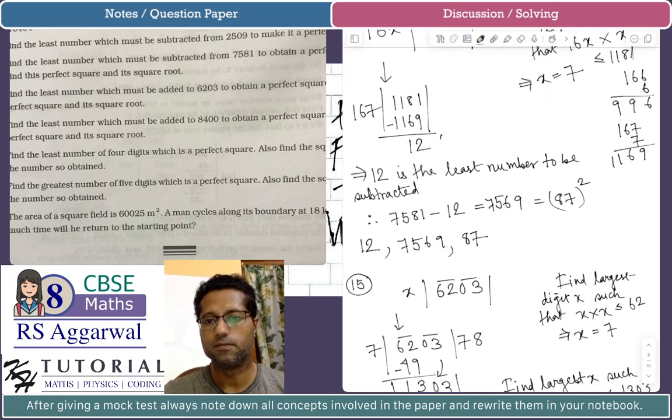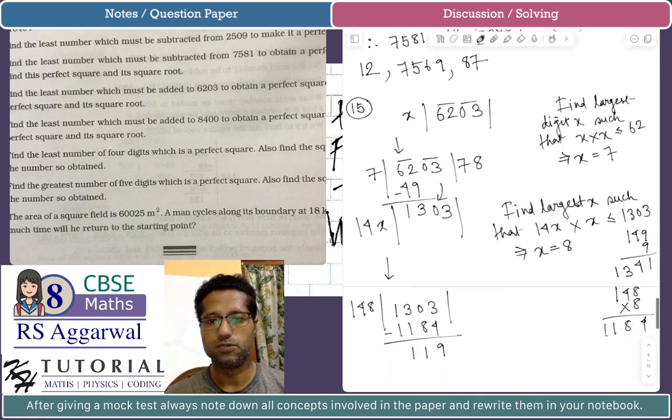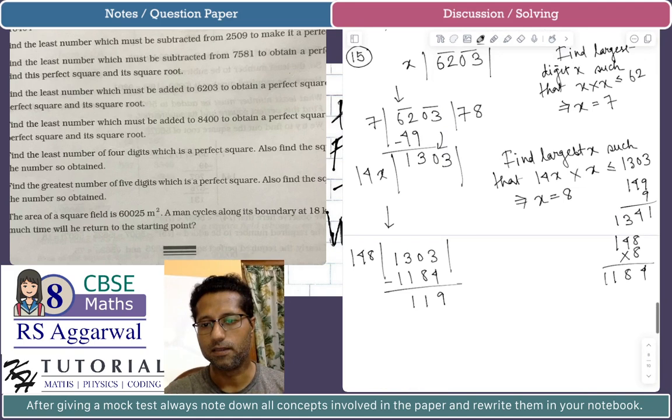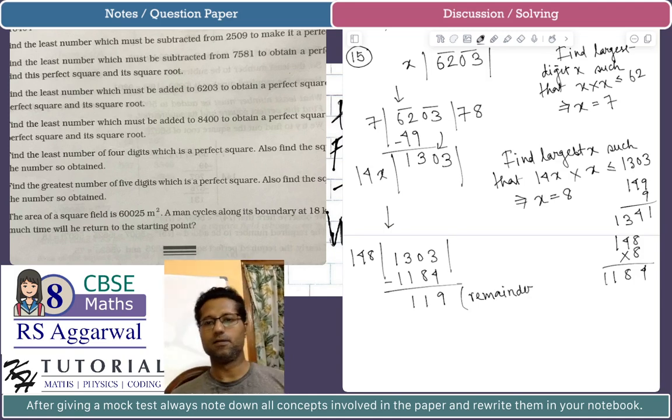So 119 is the remainder when we do the long division method, and the final quotient is 78. Okay, so now it is asking what is the least number that must be added.